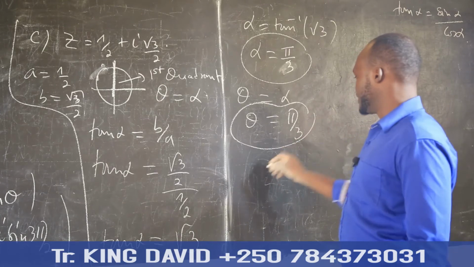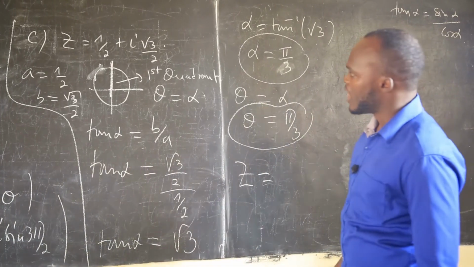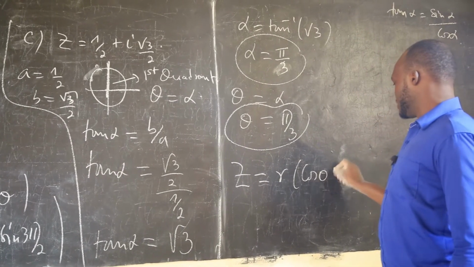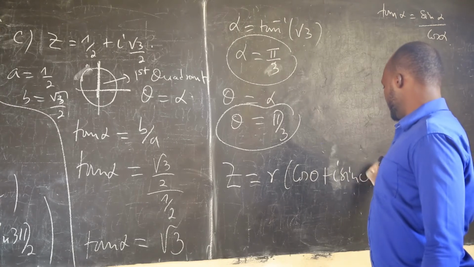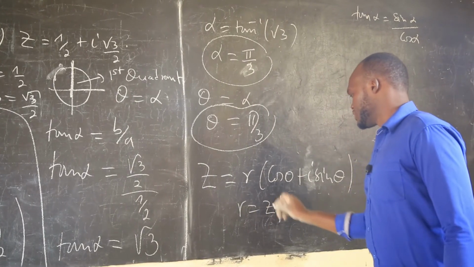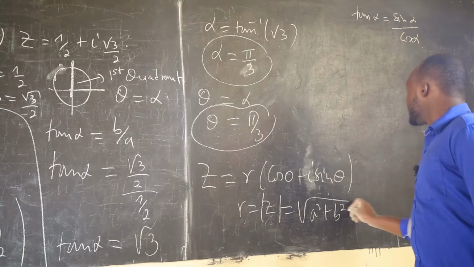Then Z equals R into bracket cos angle plus I sin angle. To find R, R is the modulus of Z, which is root A squared plus B squared.